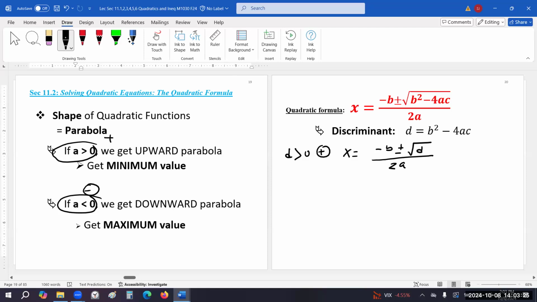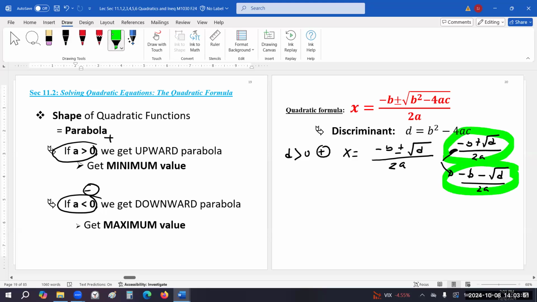We see two solutions, right? Plus and minus. D means any number, okay? D means discriminant. So we have negative b plus square root of d over 2a, and negative b minus square root of d over 2a.